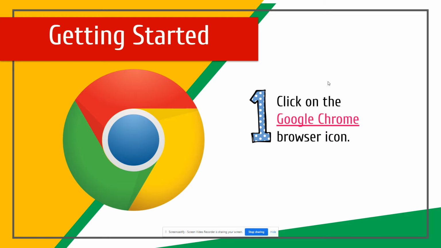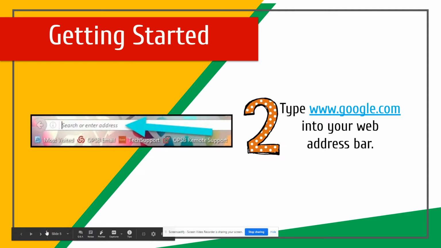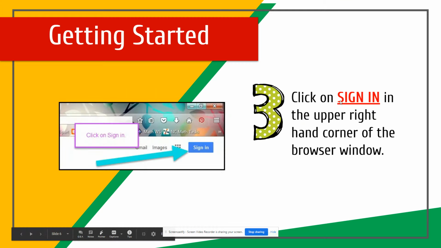If it's a laptop, all you have to do is install the Google Chrome browser. If it's a desktop, as long as it has the Google Chrome browser, and this is what it looks like. But if you use a Chromebook, then it automatically takes you right into the Chrome browser. So you go to google.com, and on the top right, you'll see sign in.